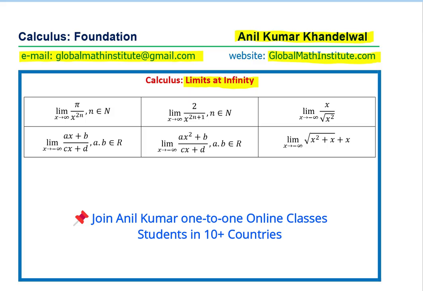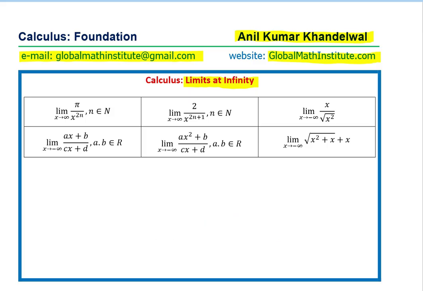So, as you see, we have written limit of pi over x to the power of 2n, where n belongs to natural numbers and where x approaches infinity. So, let's understand this term. When we say x approaches, it means when x is a very, very large value, right?